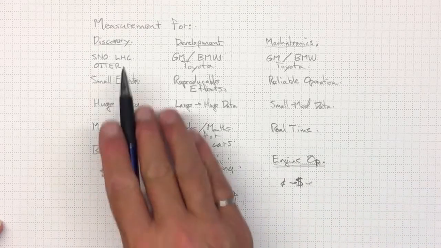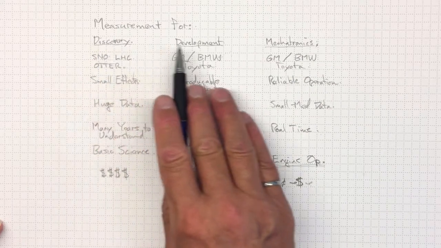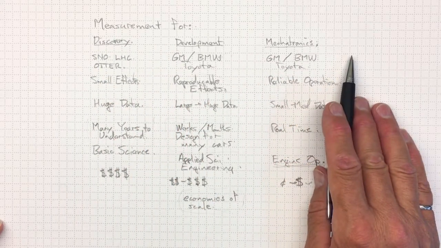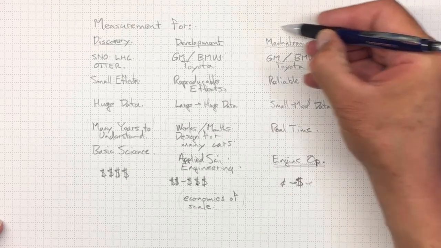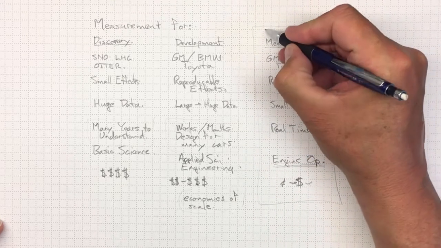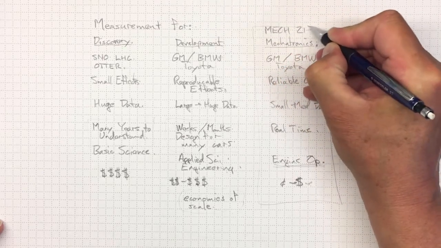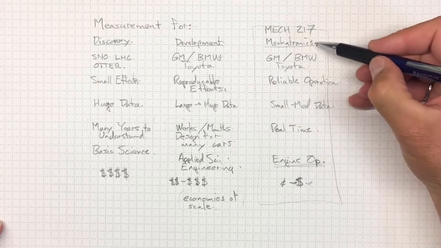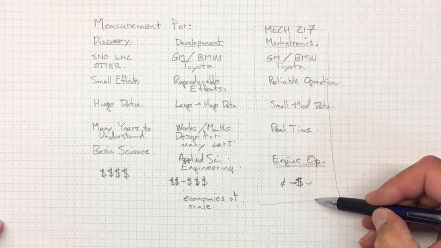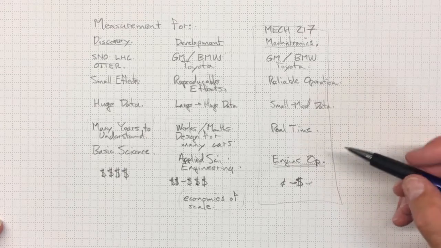So there's 3 different approaches to measurement for 3 different reasons to measure things. One, the focus of this course, is measurement for mechatronics. That's Mech 217. And we're concentrating on that because there's a whole lot of challenges in here that are real-world engineering applications challenges.